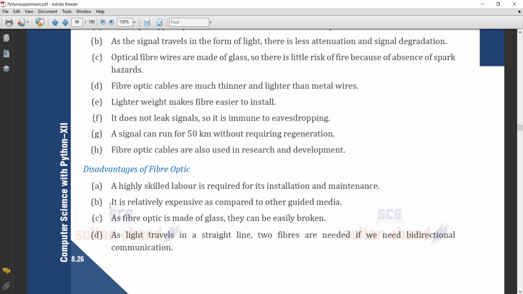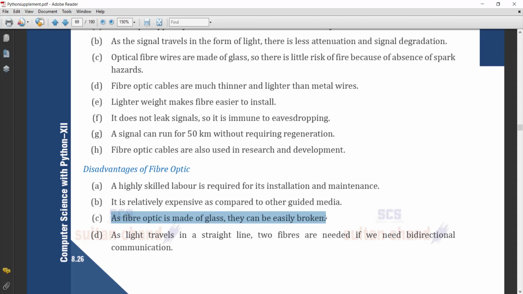It is relatively expensive as compared to other guided media. So this is more costly, this is a very expensive cable. Clear? And next, fiber optic is made of glass, so it can be easily broken.